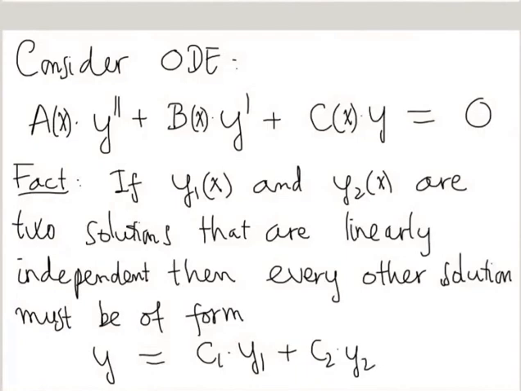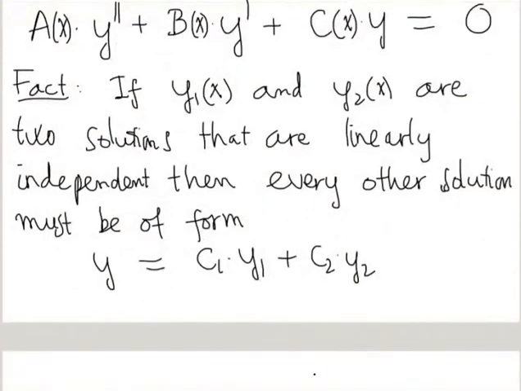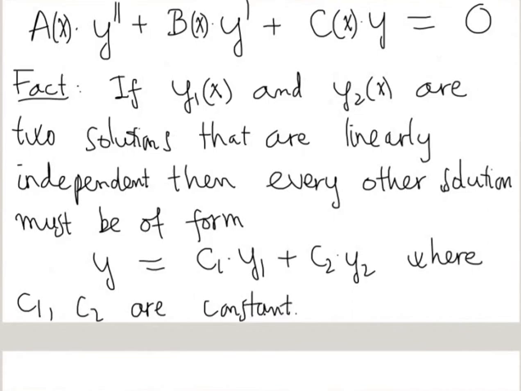So I have dropped the independent variable x here, but we know that y1, y2, and y here are functions of x, where c1, c2 are constants. So if we could find two things that are solutions and they are linearly independent, then we can generate all other solutions.